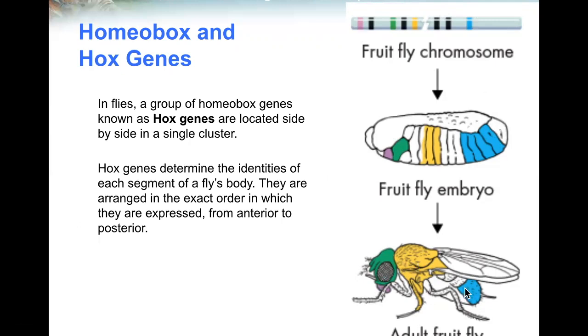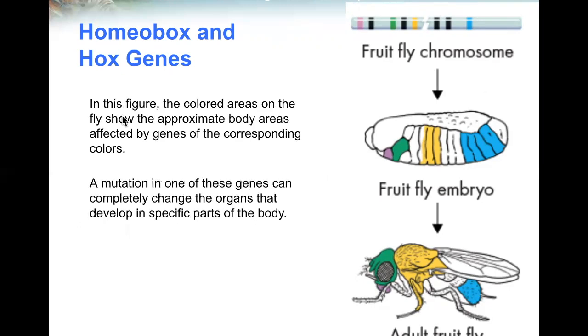Pink, green, yellow, blue, expressed in the embryo, expressed in the adult fly in the same order. In this figure, the colored areas of the fly show the approximate body areas affected by genes of the corresponding colors. A mutation in one of these genes can completely change the organs that develop in specific parts of the body.